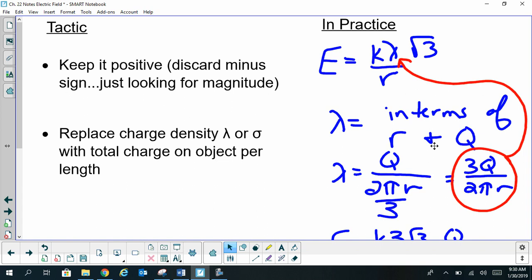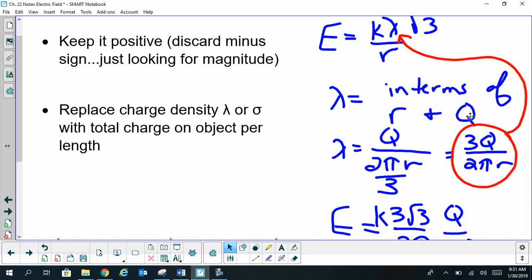So let's do that. If we're going to write lambda in terms of r and Q, isn't it a third of a circle? Negative 60 to positive 60 is a third of a circle. That's 120 degrees, so that's a third of 360 degrees.